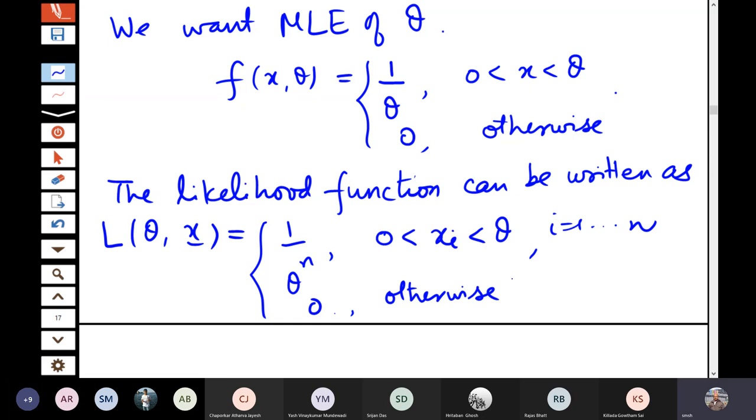Is that okay? Yes, sir. Is that clear? This is the step of writing down the likelihood function. Is that okay?